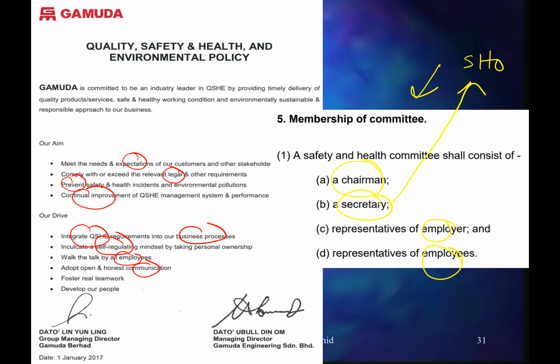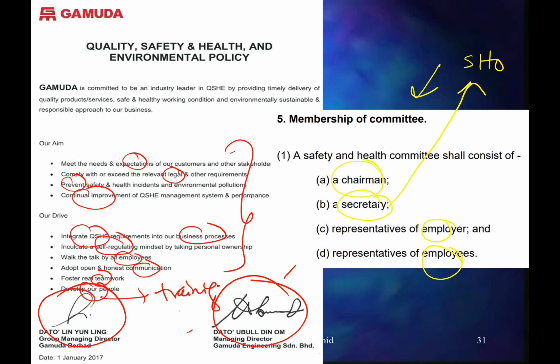There are many types of communication, such as hazard communication. Later on, we are going to learn that. Foster real teamwork, and develop people, meaning training with regard to OSH. And the most important thing is the signing. The top management needs to sign. This is what we call the statement associated with commitment.